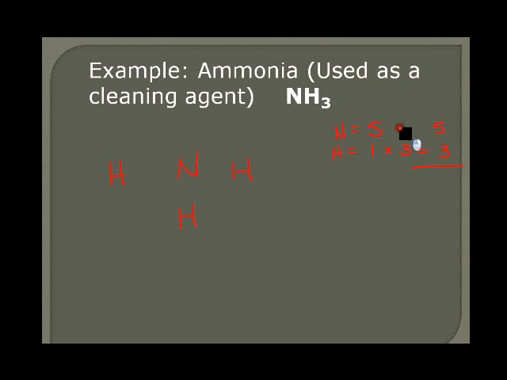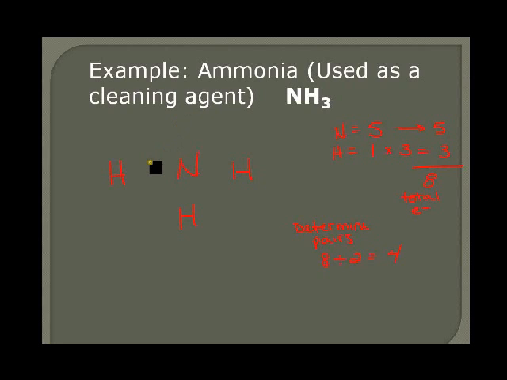So our total, we have 8 total electrons. So what was our next step? To determine our bonding pairs. So we take our 8 and divide it into pairs, saying that we have 4 bonding pairs.